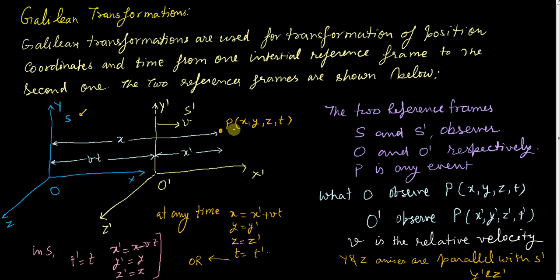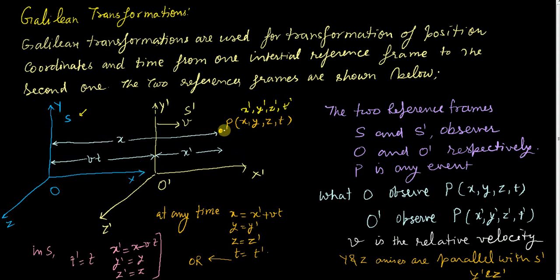P is an event which occurs in the S prime frame, and the coordinates of that event according to this observer O are x, y, z and t. According to the O prime observer, they will be x prime, y prime, z prime and t prime.